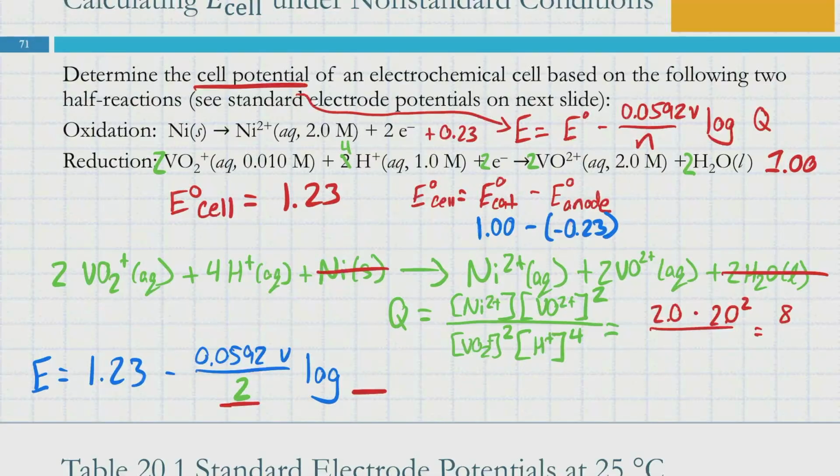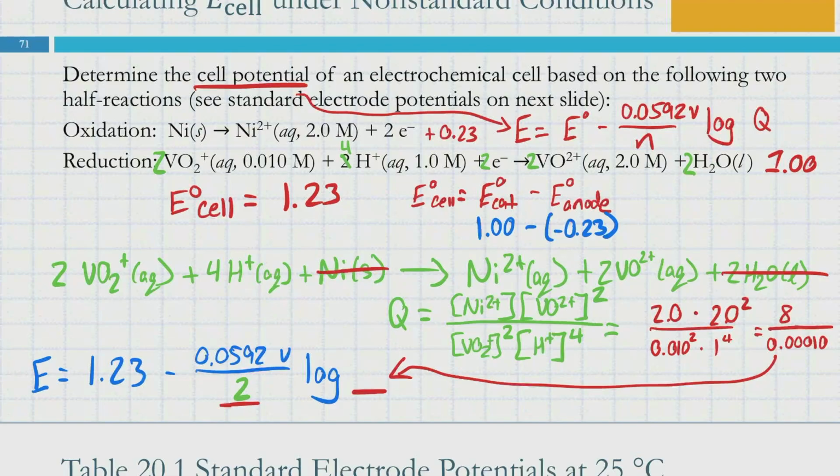On the bottom, we've got our VO2 plus 0.010 squared times 1 to the 4th power, which is still 1. So it should be 8 over 0.00010, something like that. We'd put it into our calculator. And then we feed that number into our spot for Q.